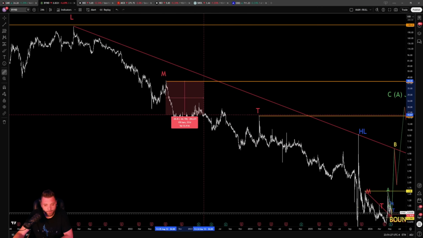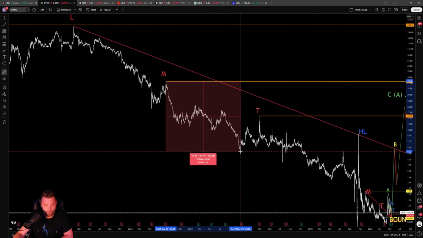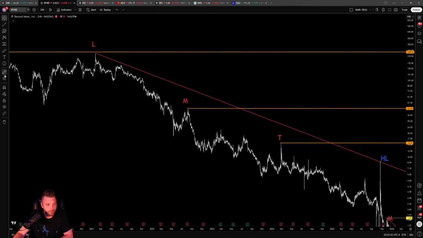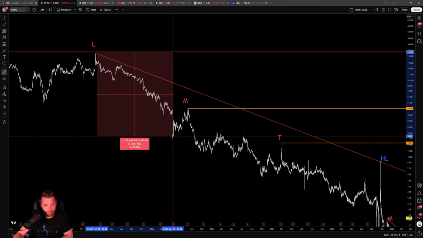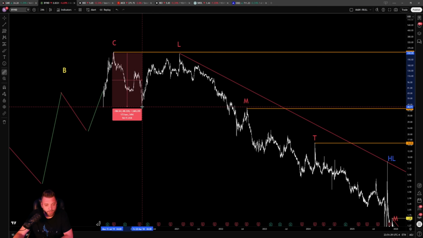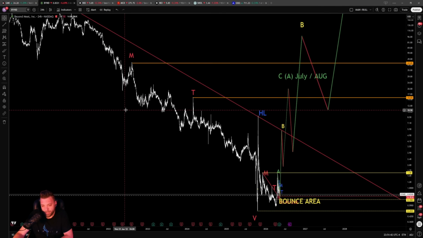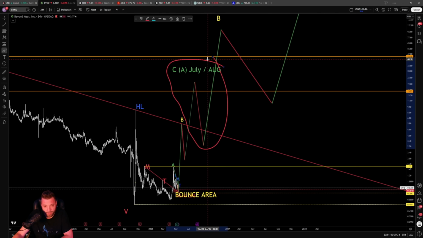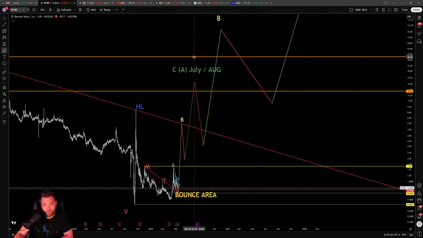The M to the T low was 450 days. The L to the M, 450 days. The C to the beginning of L was 200 days. So I think you get what I'm saying. This pullback here will take longer, in my opinion, because it's a main capital. So wherever we peak here, just saying, this can take at least a year, in my opinion.